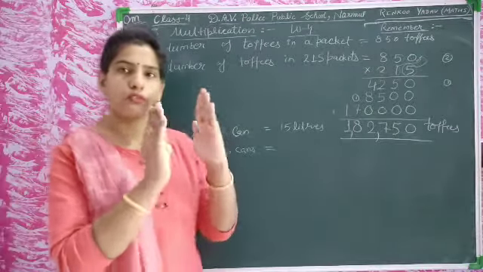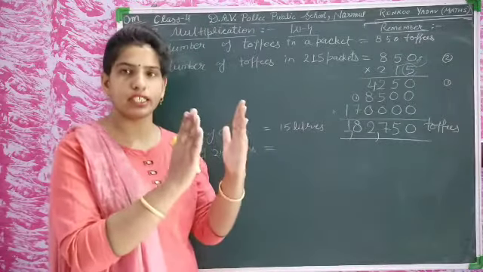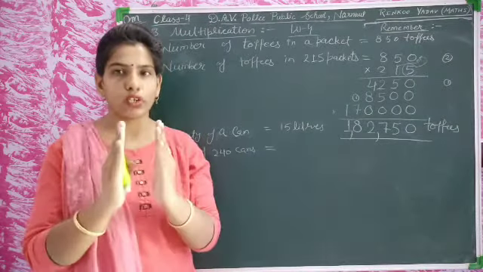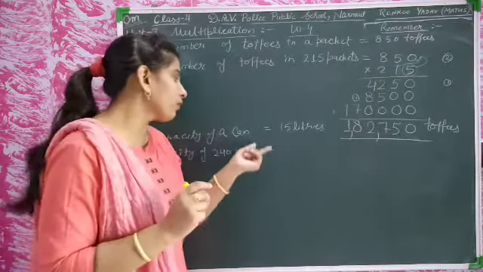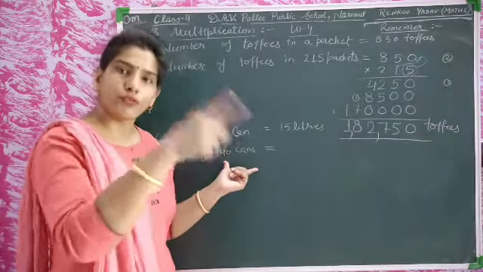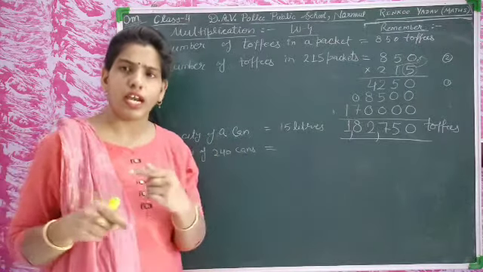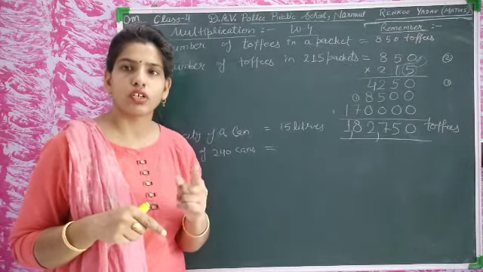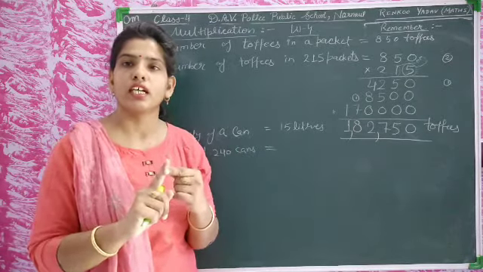So students, one can contains 15 liters. One more can, one more can. There are 240 cans. 15 liters, 15 liters, 15 liters. Will we add there? No, because the continuous process of addition is multiplication.